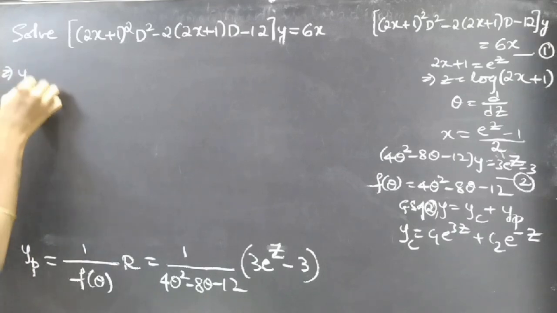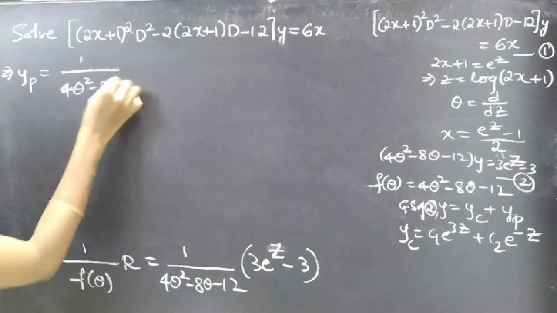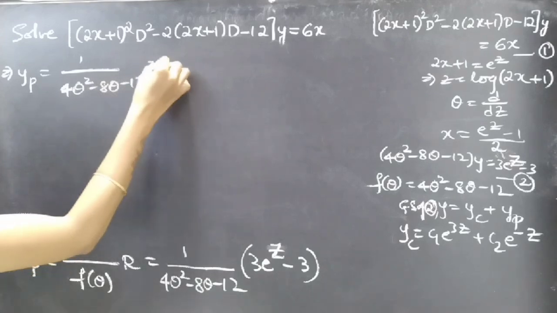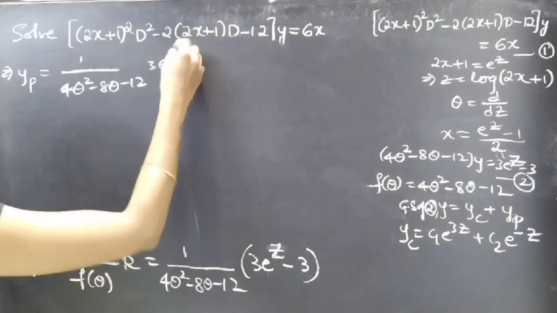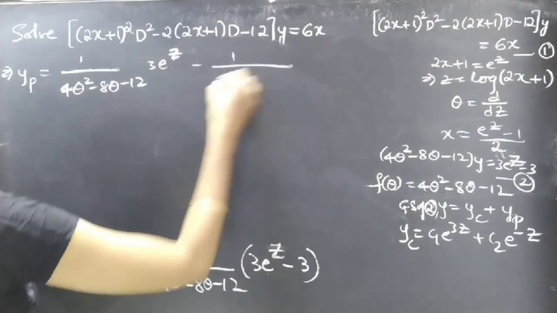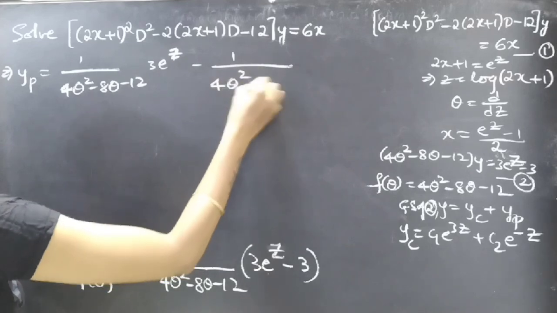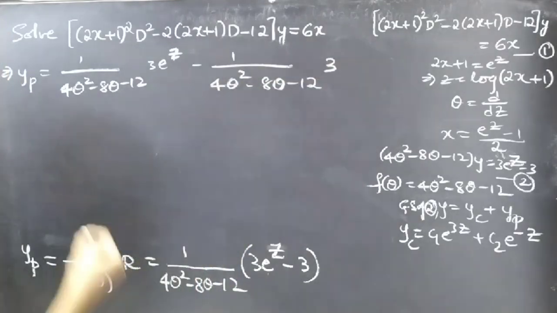Then yp equal to 1 by (4 theta square minus 8 theta minus 12) into the first term of r, that is 3 e power z, minus 1 by (4 theta square minus 8 theta minus 12) into 3. Right?